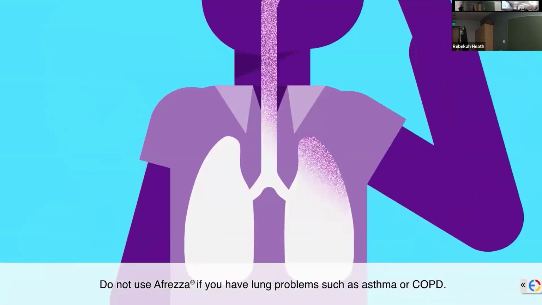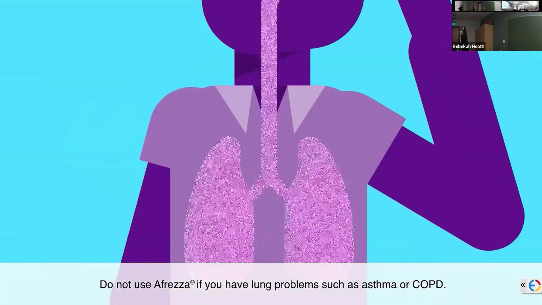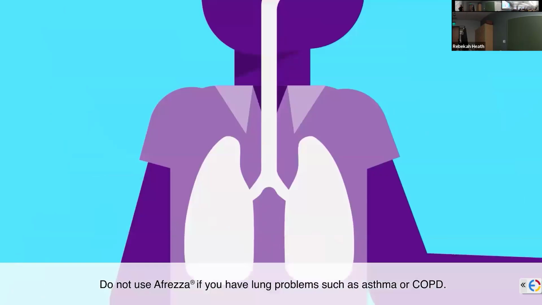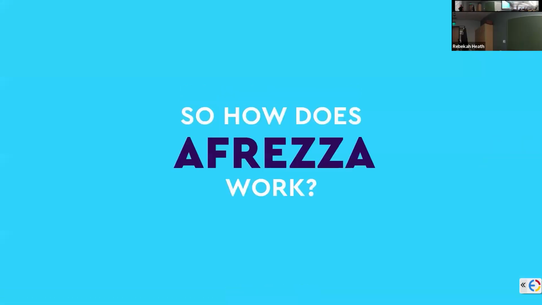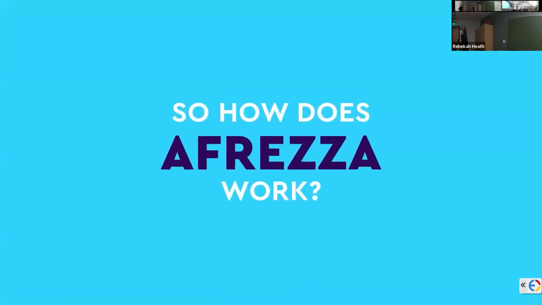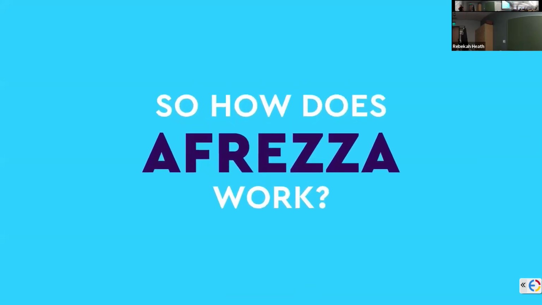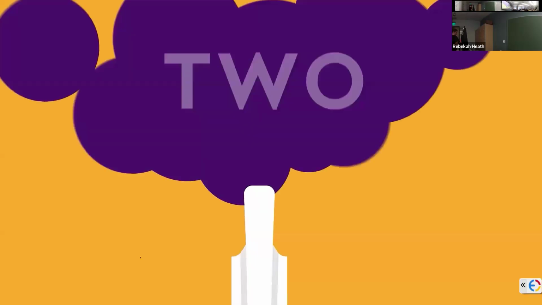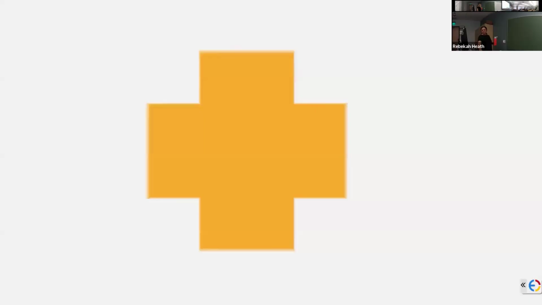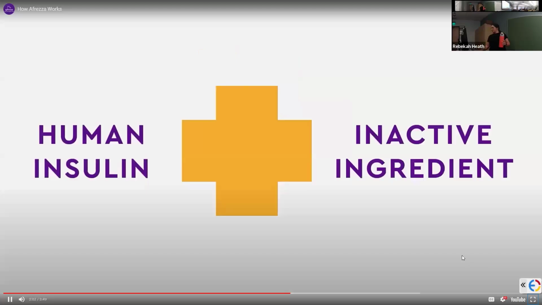In fact, as Afrezza passes through your lungs, insulin is released into your bloodstream in less than 1 minute. Afrezza utilizes Technosphere technology, which provides a unique delivery of medicine to the lungs. The microparticle used in Afrezza consists of 2 main components: human insulin in its most basic form, combined with an inactive ingredient.